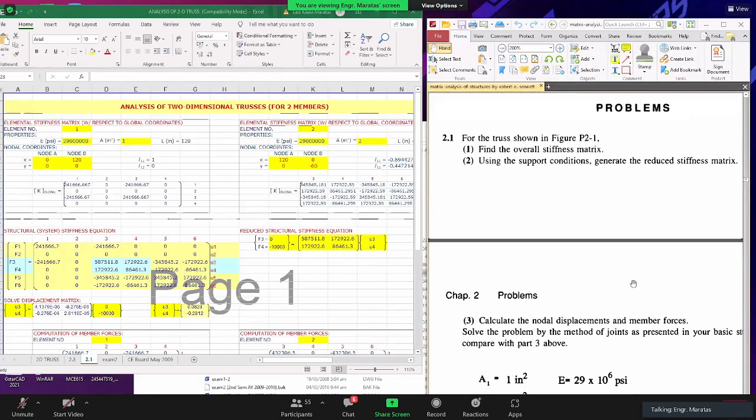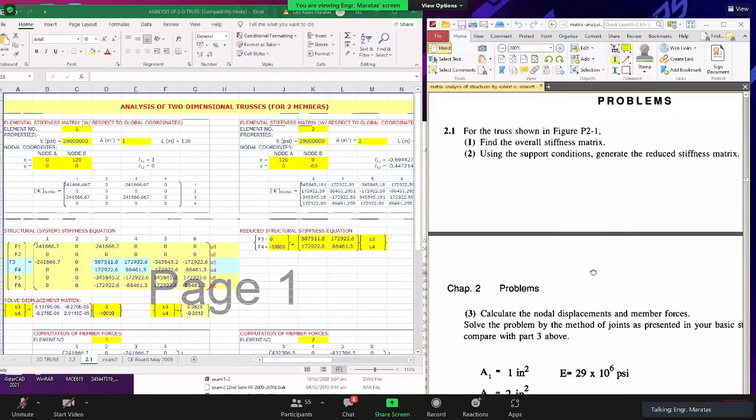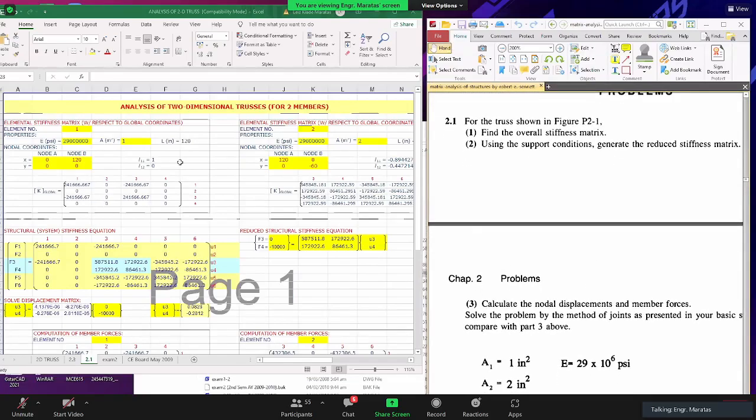Okay, so this is problem 2.1. What you will do, by the way, is you can now use Excel in your assignment. Again, the objective of matrix analysis of structures is computer programming. This purpose is defeated if we do not make a program. So the minimum programming language to use is Excel.